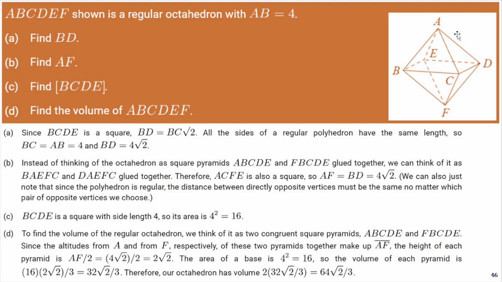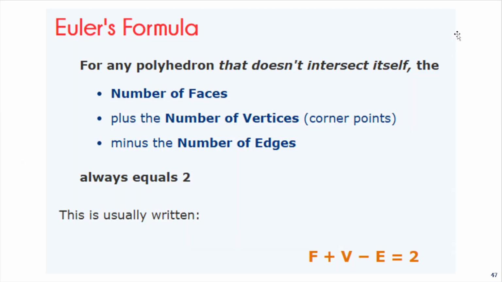Okay, last, let's have a look at an important formula called Euler's formula, which states that for any polyhedron that doesn't intersect itself, the number of faces plus the number of vertices or corner points minus the number of edges always equals 2.